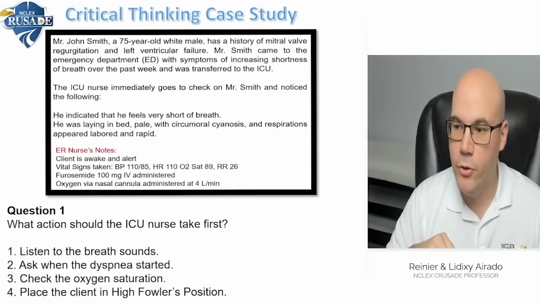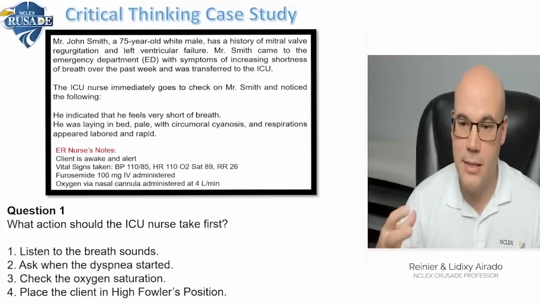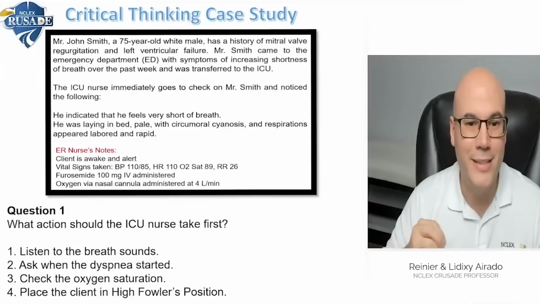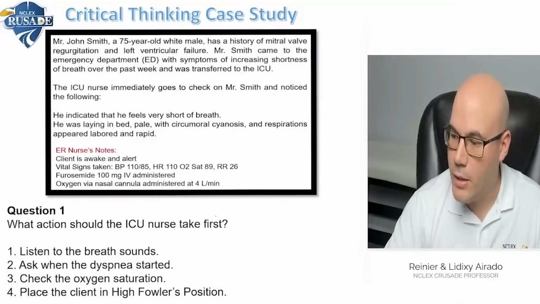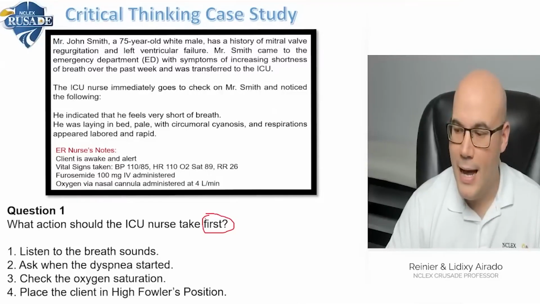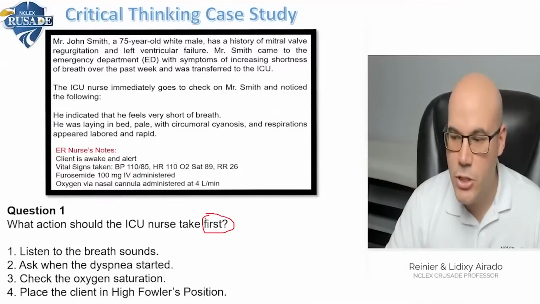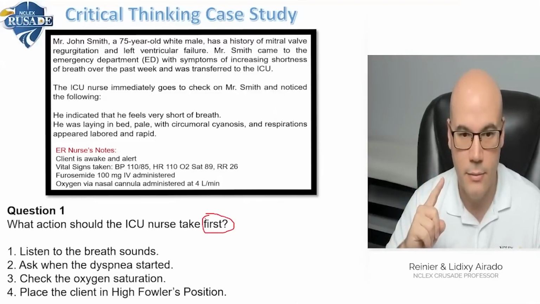So what do we have to do? We have to relate to the case scenario and see which question is more pertinent. But since this is a priority question, I need to say, what is my first action to take? I have to think of a prioritization strategy.